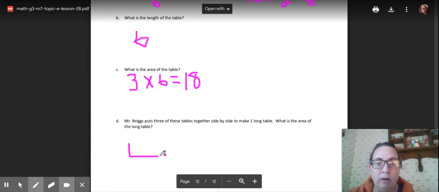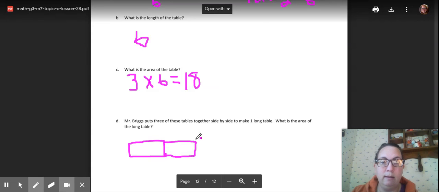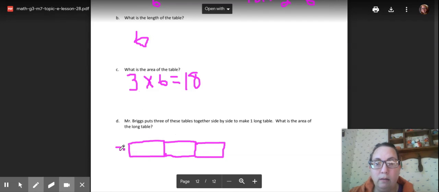Okay, so got to draw 3 of these rectangles. Notice they're not quite as big as the one that I drew in A because I want to make sure I have plenty of space. So the width was 3. Now we got to figure out what the length is.